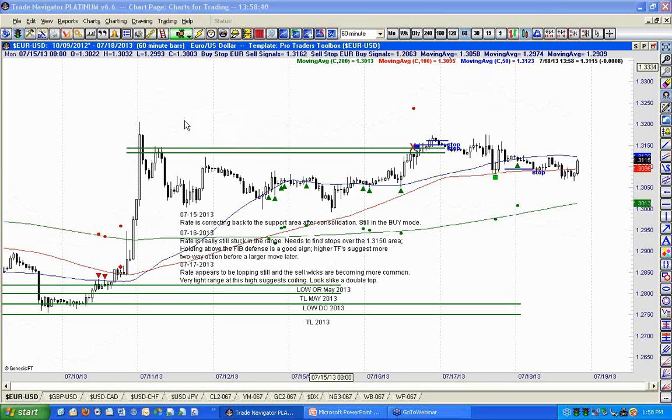Clark says, why use futures volume as opposed to the volume indicator in MT4? Well, the volume indicator in MT4, as I understand it, has to do with the volume that's going through that particular brokerage house at that particular price level. There's no broker that's got a big enough slice of the market to be as accurate. Futures is one market, and that is the Chicago Mercantile Exchange for the most part.